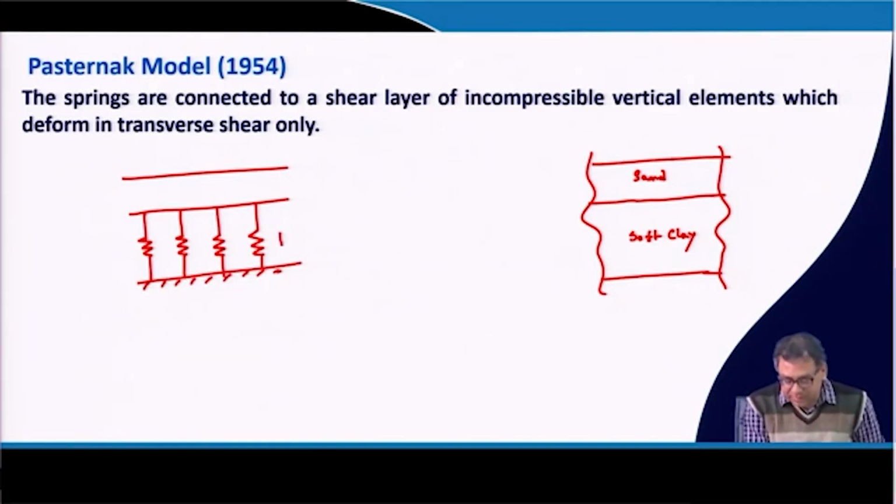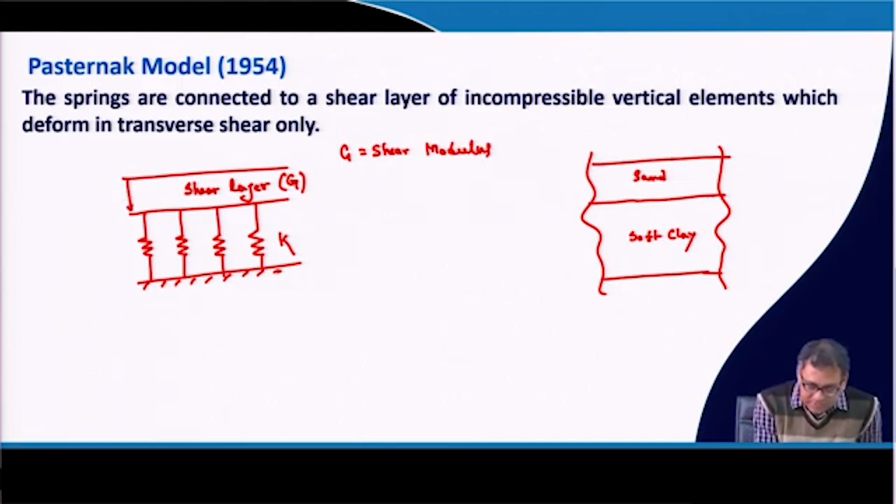These are springs with K, the spring constant or subgrade modulus. This is a shear layer, whose shear modulus is G. K is the subgrade modulus, G is the shear modulus, and H is the thickness of the shear layer.